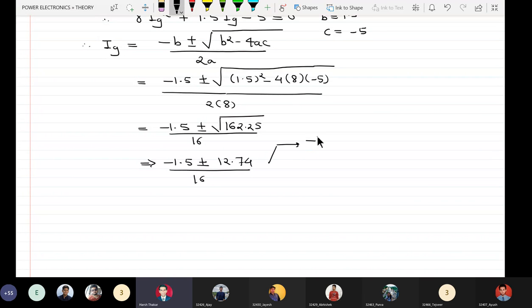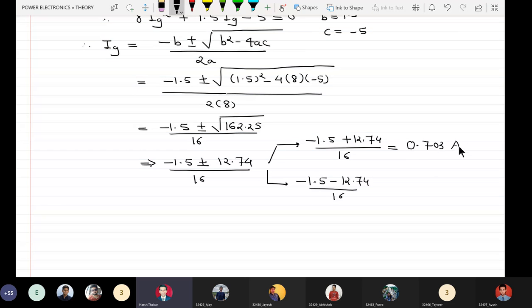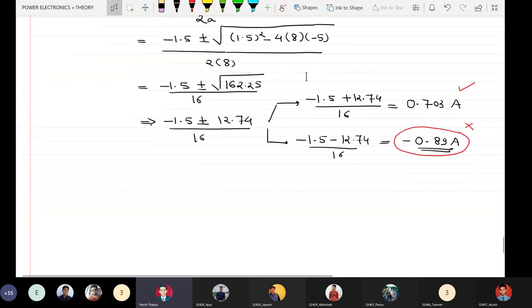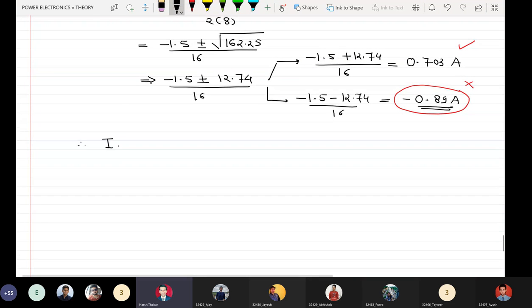So we have minus 1.5 plus 12.74 on 16. We know that gate current cannot be negative, so we have to accept this value. Therefore Ig equal to 0.703 amperes.